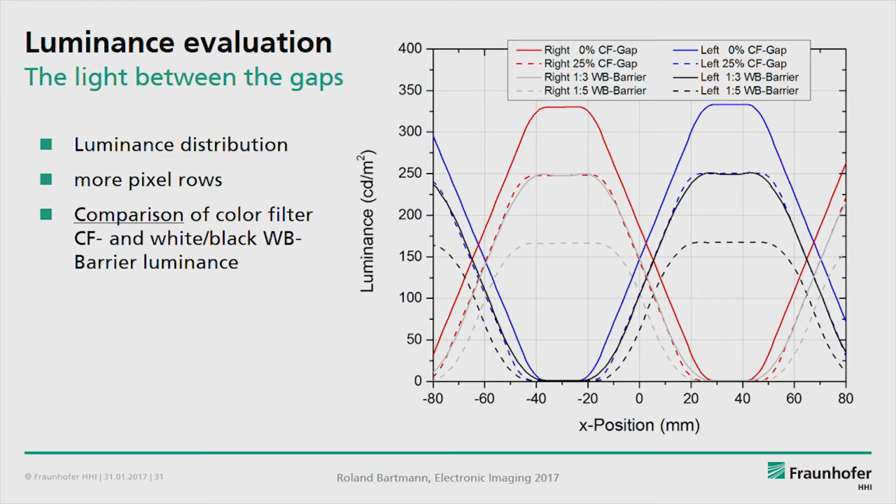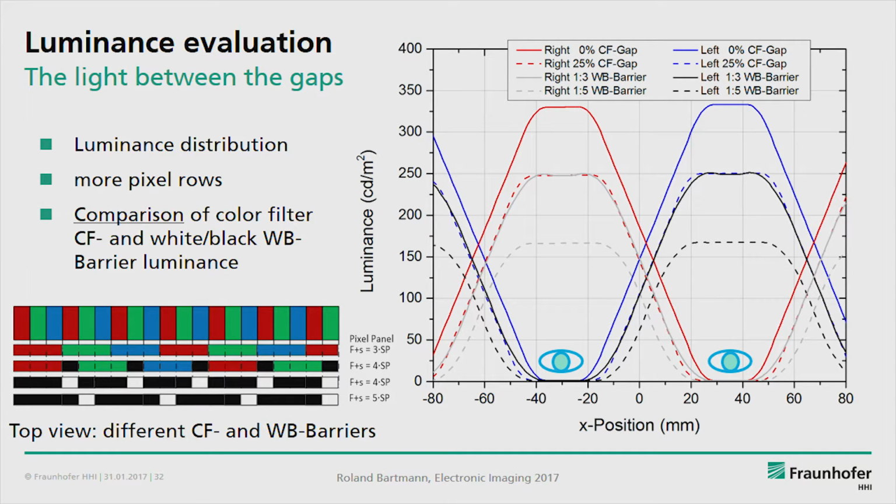Okay. But it's only for the color filters, so we have to compare it with common barriers, the white and black barriers. You can see here the luminance plots of the white and black barriers, dependent on the relation of the black and white stripes. So with the 1 to 5 barrier, there is not much luminance left.